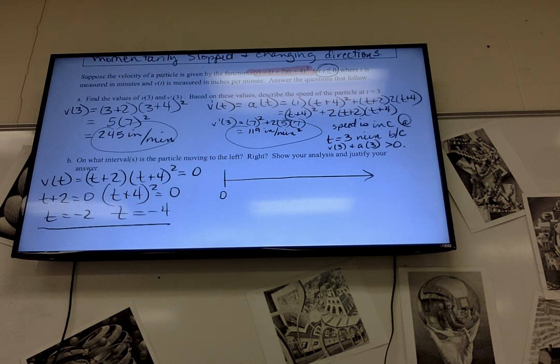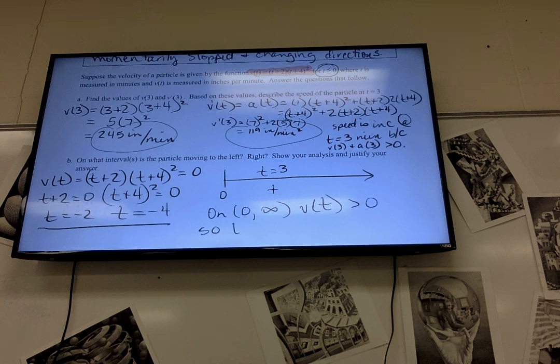So let's just take any point greater than 0, which we've already done with t equals 3. When I plug in any number greater than 0, I get a positive. And I only did t equals 3 because we've already done that one. So on the interval 0 to infinity, v of t is greater than 0.